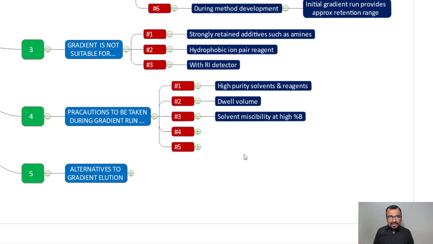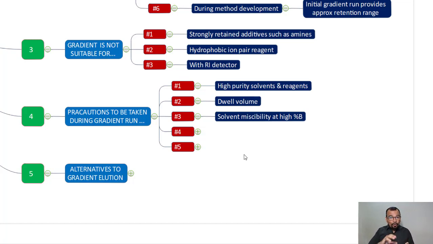But what happens in case you have a solute or buffer in port A, because the solute and the buffers may not have the required solubility and miscibility with the higher amount of organic solvent? At the beginning of the gradient, you may have more of the aqueous portion, and in that situation, the salt will remain solubilized.